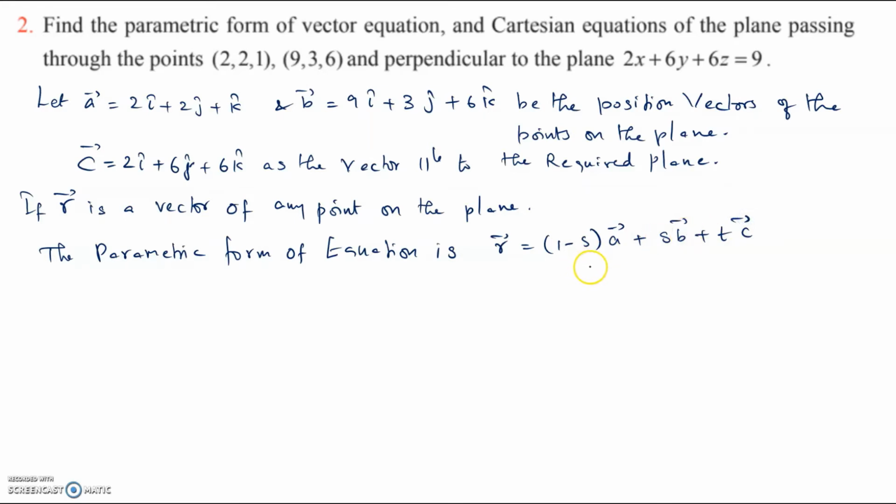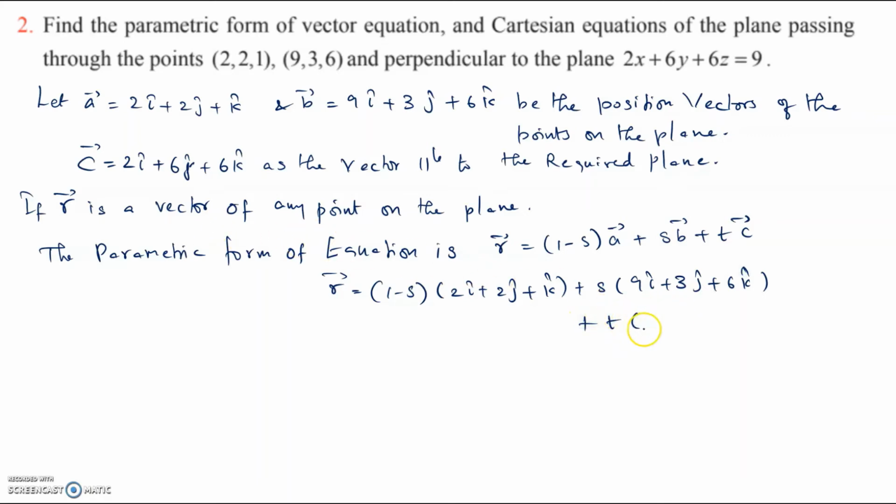So substituting all the values of a, b and c vector, we get r vector is equal to (1 minus s) into (2i cap plus 2j cap plus k cap) plus s into (9i cap plus 3j cap plus 6k cap) plus t into (2i cap plus 6j cap plus 6k cap).